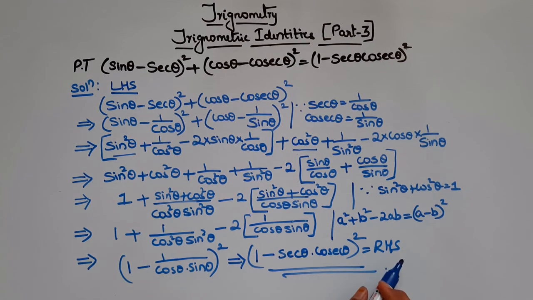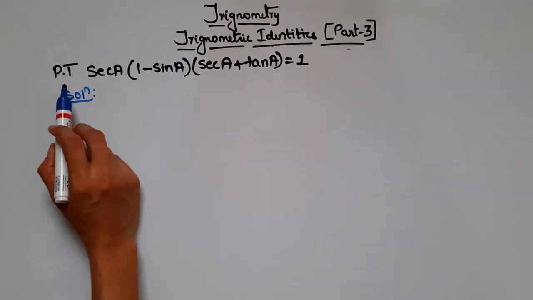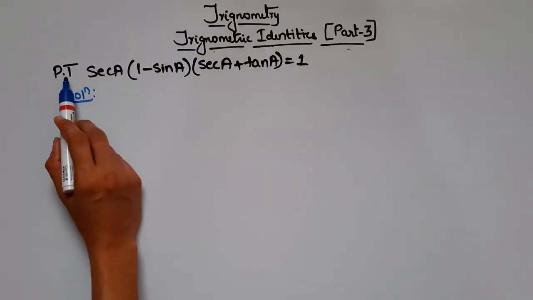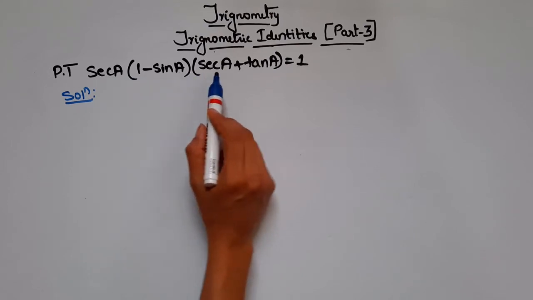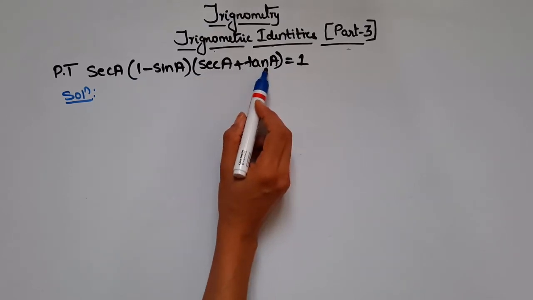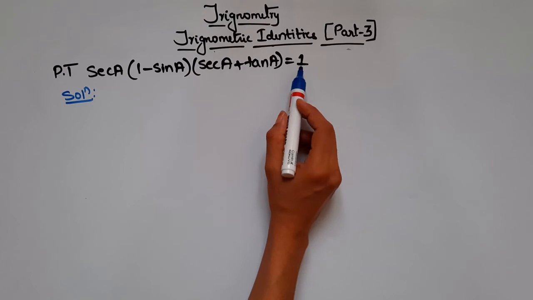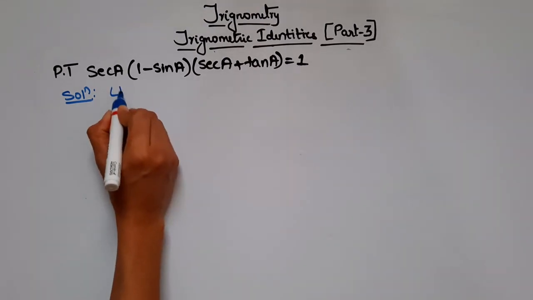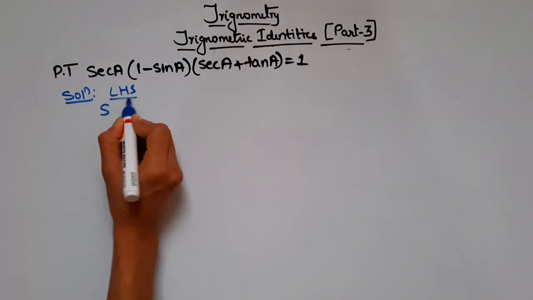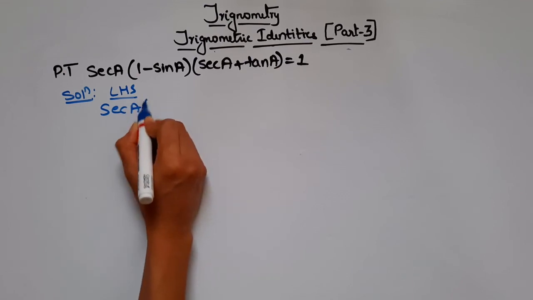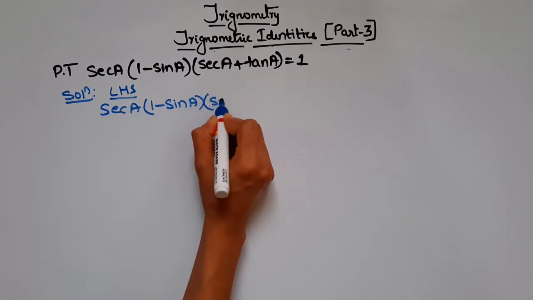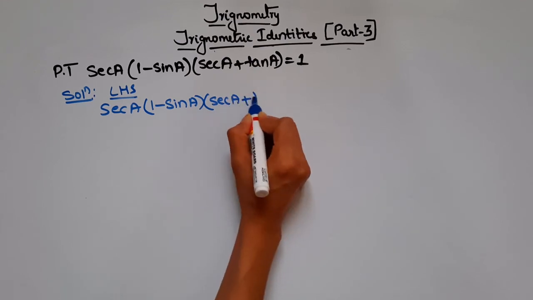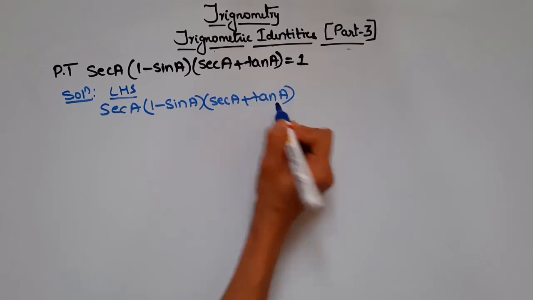Now let's see one more problem. Now let's see this problem. Prove that secant A into (1 minus sin A) into (secant A plus tan A) is equal to 1. So first let's take LHS. Here LHS is secant A into (1 minus sin A) into (secant A plus tan A), right?